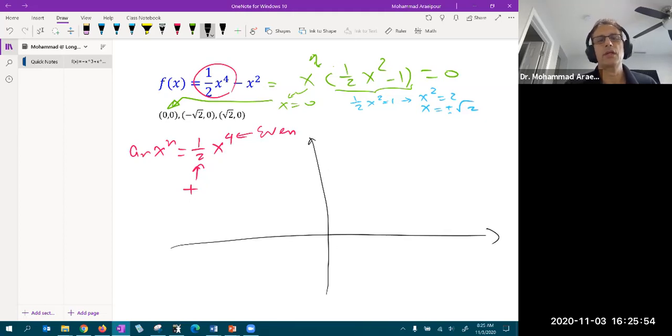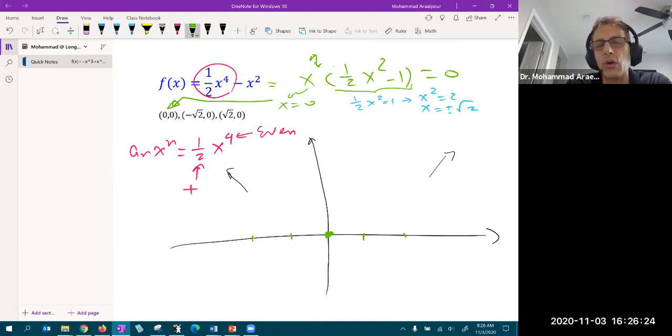So if you graph this curve, here's the expectation for the end behavior. That means y equals x squared, right? And so, square root of 2, let's say this is 1, this is 2, this is negative 1 and negative 2.